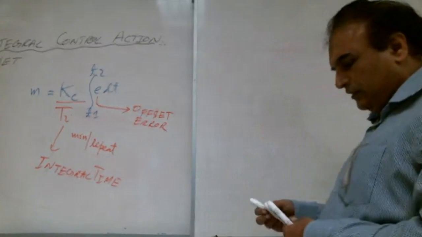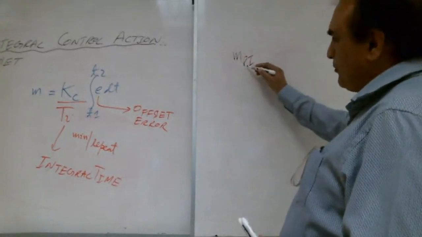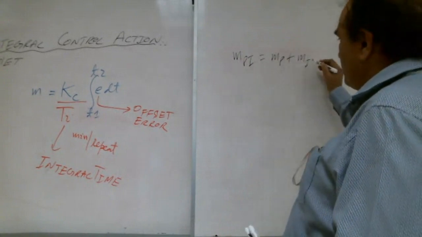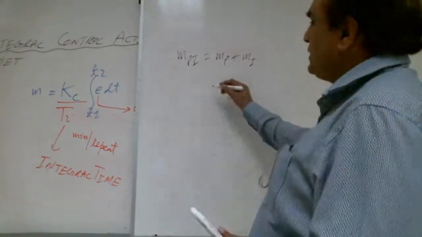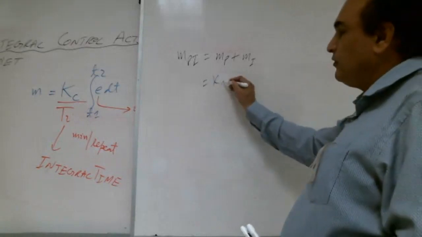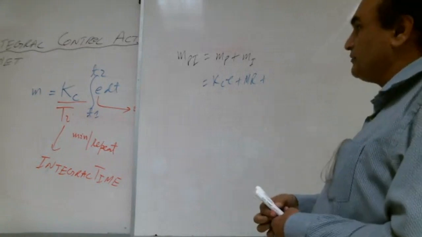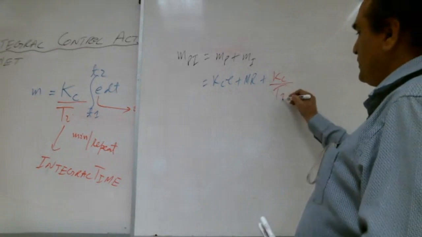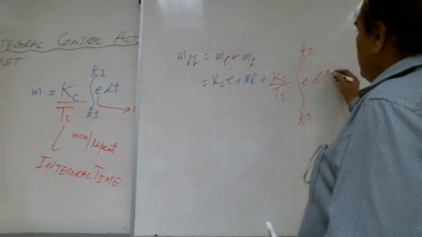So altogether, the output of the PI controller, proportional integral controller, is equal to MP plus MI, right, Shabab? How much is MP? What is the formula for MP? Kc E plus MR. Very good. What is the formula for the integral action? Kc over Ti, integral from T1 to T2 of E dt.